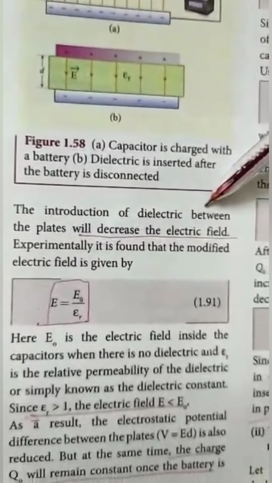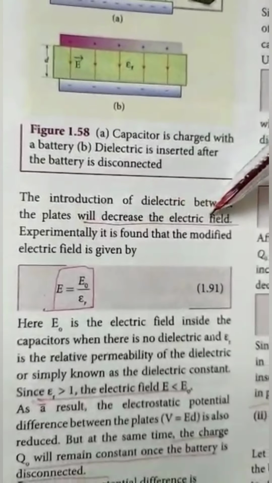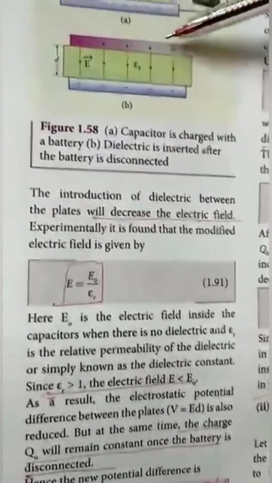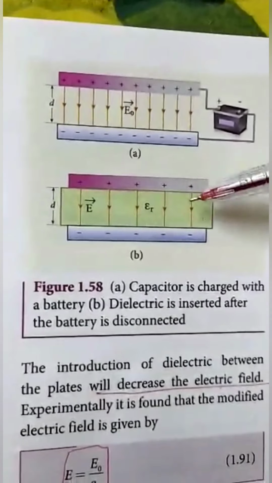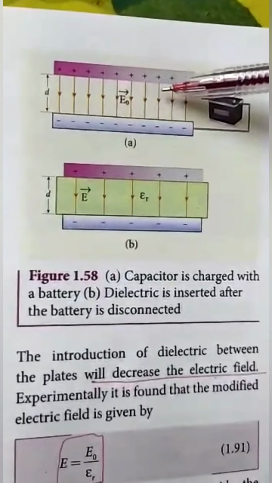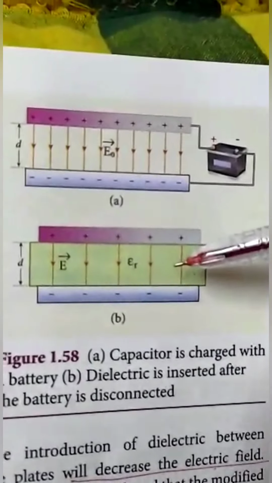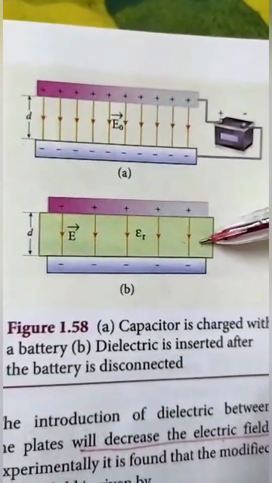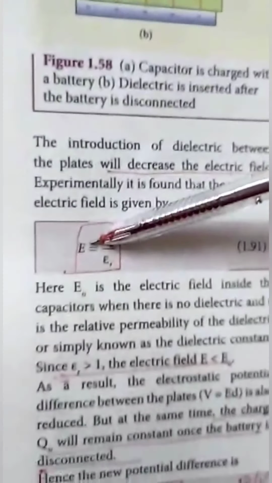Next, if the dielectric is introduced, then what happens to the electric field? The electric field will decrease. You see the diagram. This is the positive plate, this is the negative plate. You have introduced a dielectric in this, and before introducing the dielectric, the electric field is more. After introducing the dielectric, the electric field is less. This is experimentally found. So what is the new electric field?